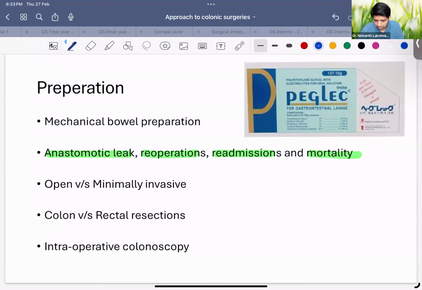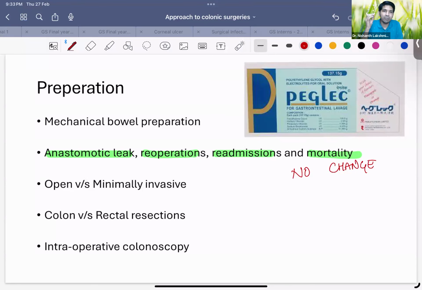I take your answer, but my question is straightforward. Do you think bowel preparation makes a difference? Does it improve it or does it worsen it? No change. Statistically no change. Excellent answer.